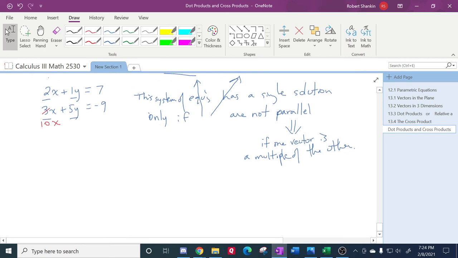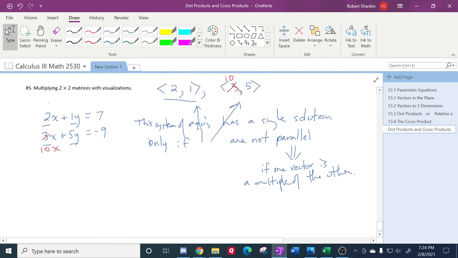All right. Now, when we take the determinant of a 2 by 2 matrix, we are going to get 10 minus 3, which is 7.